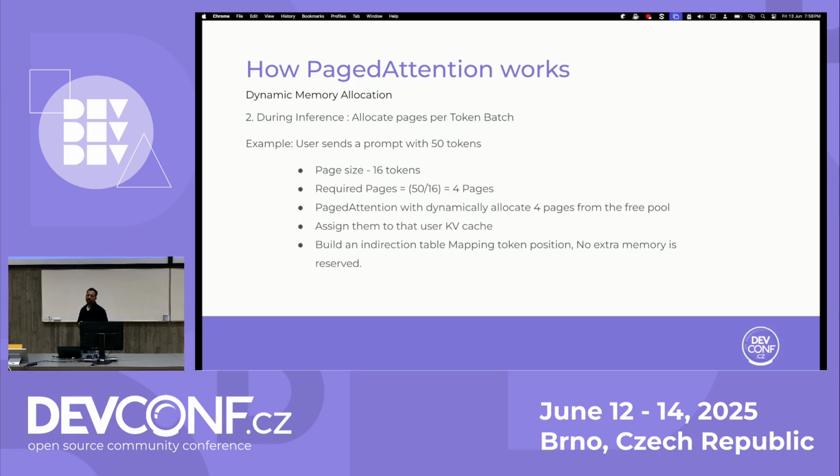Page allocation will also happen during inference. Suppose we have a 50 token request from the user. If we have a page size of 16 tokens per page, it requires 4 pages, and the system will allocate 4 pages from the free pool and assign them to that user's KV cache. After doing that, it will build the indirection table for that request.